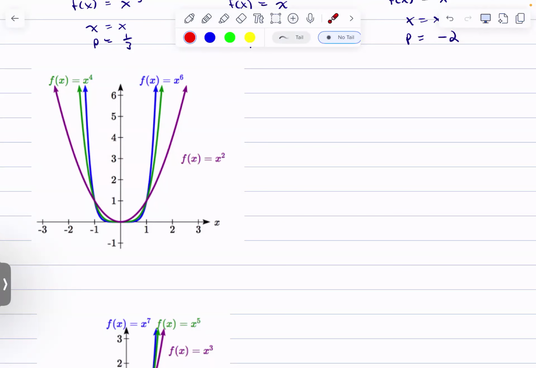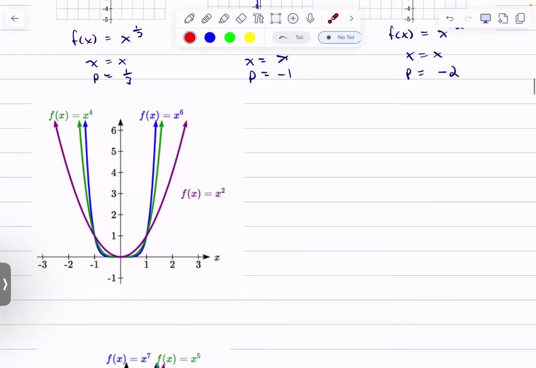So here, if we look at the graph of x squared, that's this extra wide one, then what happens as I increase my power? X to the 4 is this green one, which is a little bit tighter. X to the 6 is even tighter. And so it's increasing faster as we increase the powers.